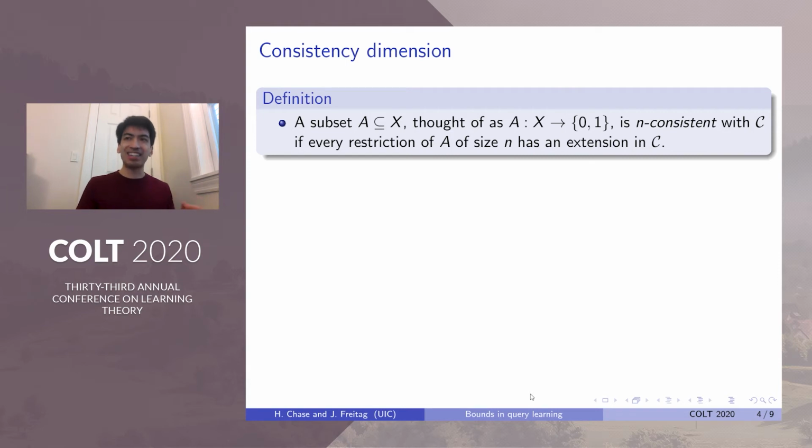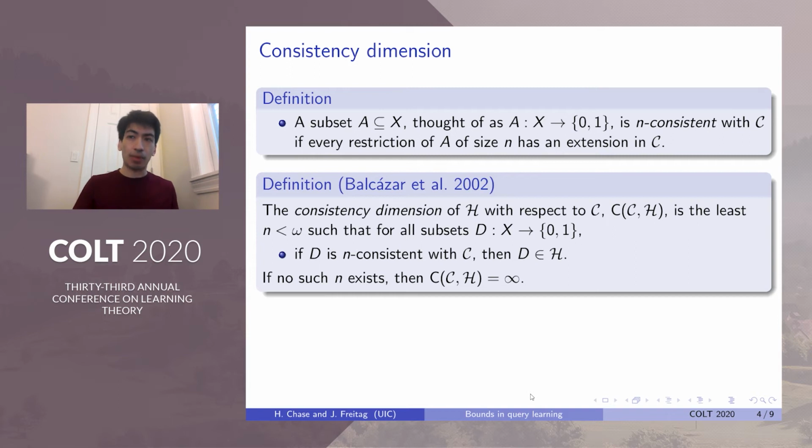We'll say that it's n-consistent with the class C if for any trace of this function on n elements, there is some set in C which behaves the same way on those n elements. So if we're looking for 5-consistent, for every set of 5 elements, we need to be able to find some set in C that behaves on those 5 elements the same way that A does.